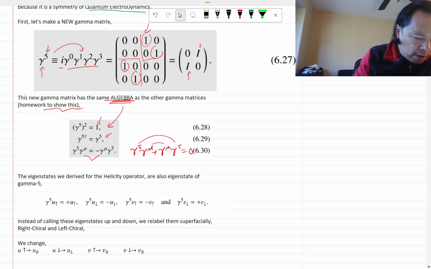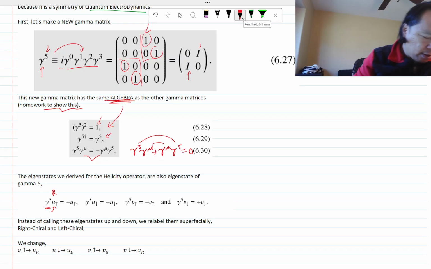Okay. So the eigenstates that we derived for the helicity operator are going to share the same eigenstates as gamma 5, because they obey exactly the same algebra. Therefore, gamma 5 operated on the helicity R eigenstate will give you the same eigenstate, but with a positive sign.